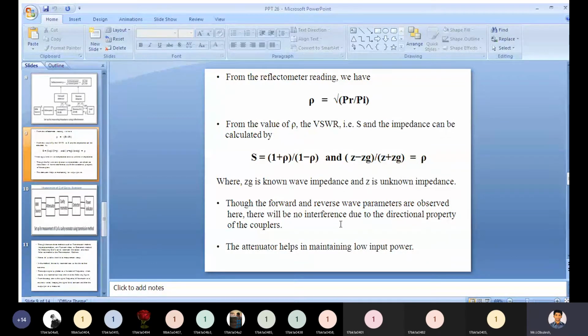Therefore, the attenuator helps in maintaining low input power.